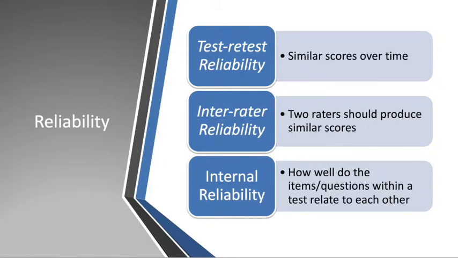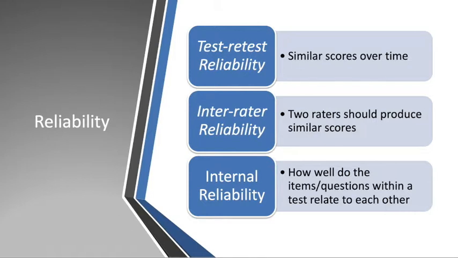The first of which is what we call test-retest reliability, which is if you give the measurement to the same person over time, are the results consistent every time you give it to that person, especially if it's a psychological variable that we're trying to assess that is relatively stable, and for that reason you expect that person to obtain a similar score every time they're tested across time.